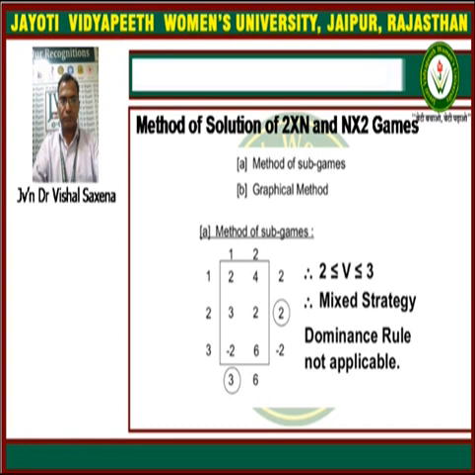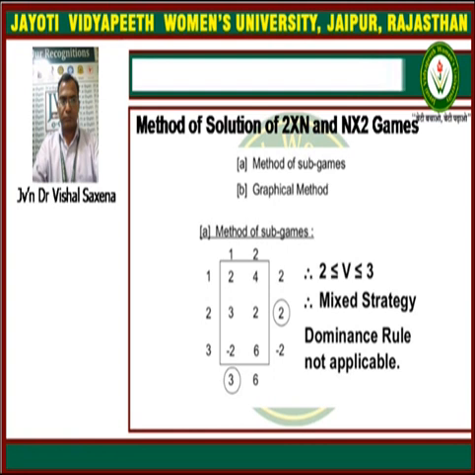Initially we can see one example. This is a game for 2 players. The first player has the 3 strategies 1, 2, 3, while the second player has just the 2 strategies 1 and 2, and that's why it is called the 3 into 2 game.